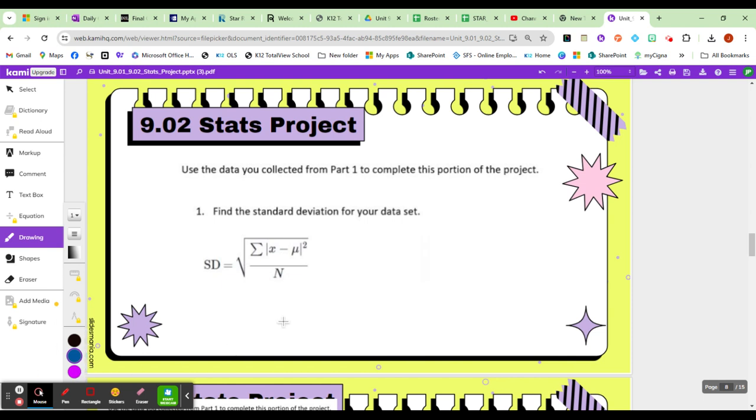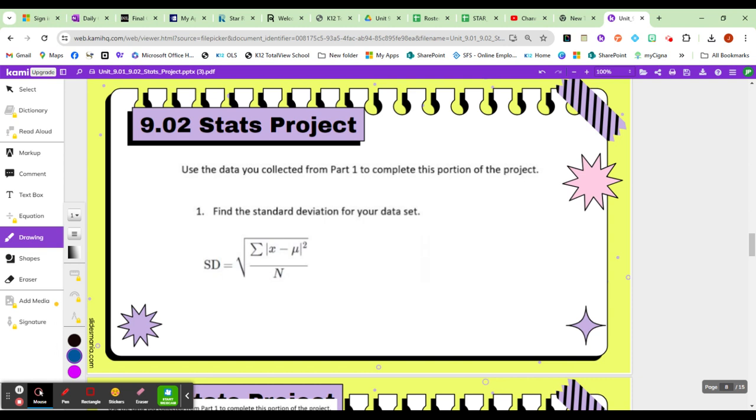It says use the data you collected from part 1 to complete this portion of the project. So if you came to Class Connect and watched me work through the 9.01, or maybe you already watched the help video, I used 20 lifespan numbers of different animals. They're years that they would live to reach maturity.